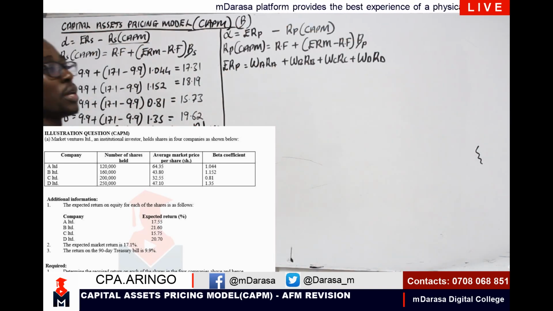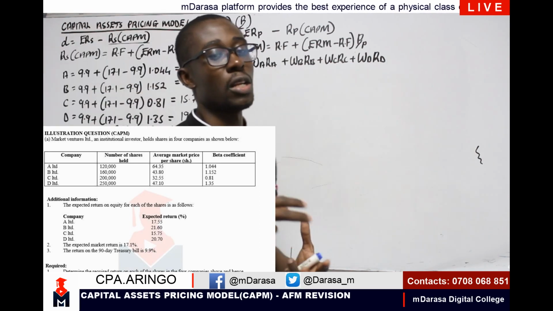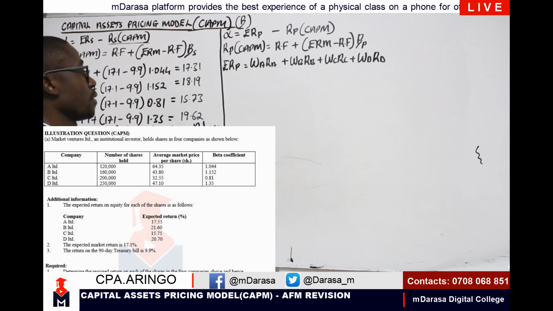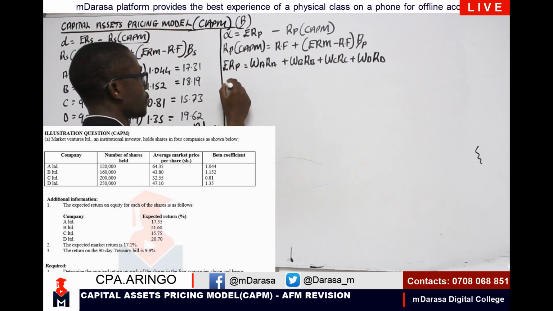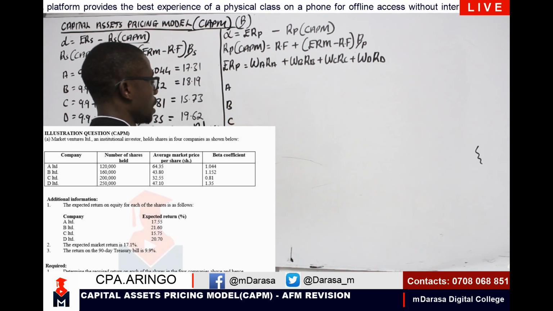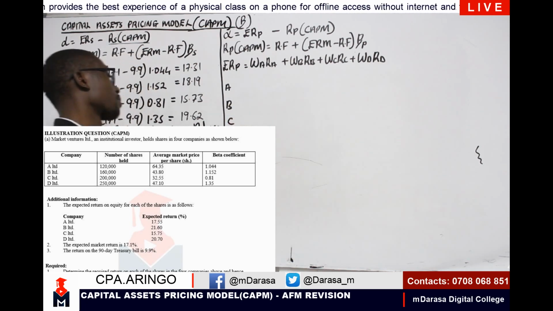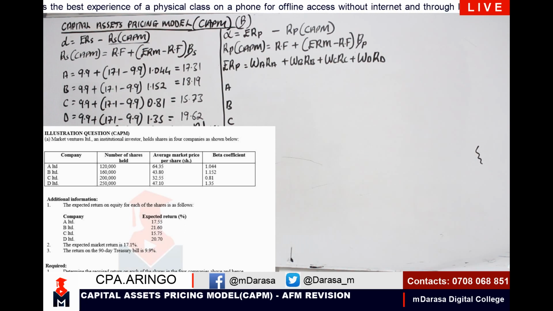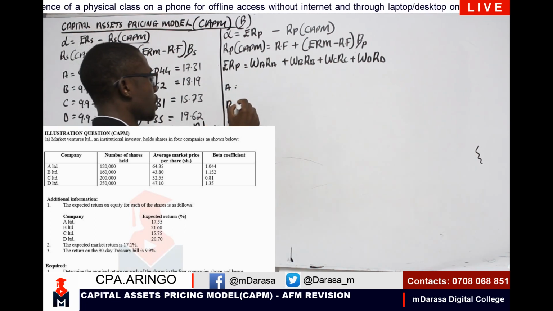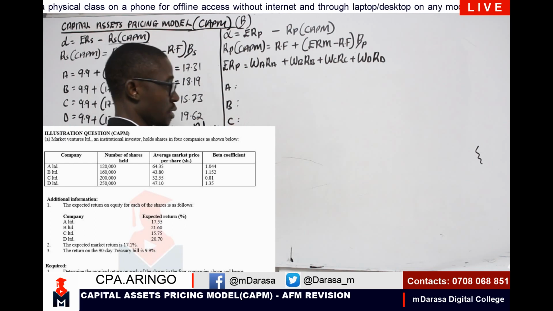To determine our weight, we must have the values of these investments. In our case, I have investment A, investment B, investment C, and investment D. So what were we given? We were given our shares.